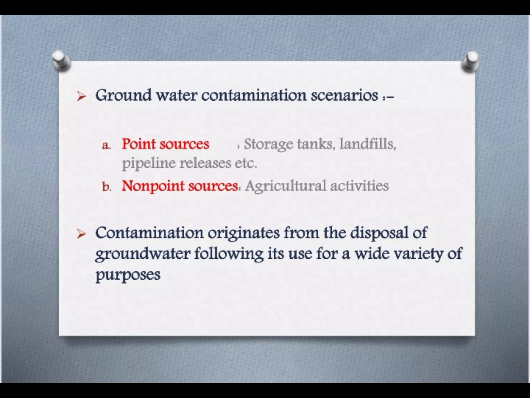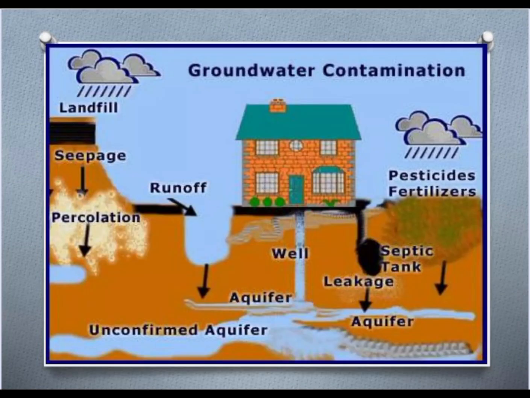And also the non-point source of groundwater contamination is agricultural activities. And also the following, it's used for a wide variety of purposes. So this picture can show where the groundwater was being started.